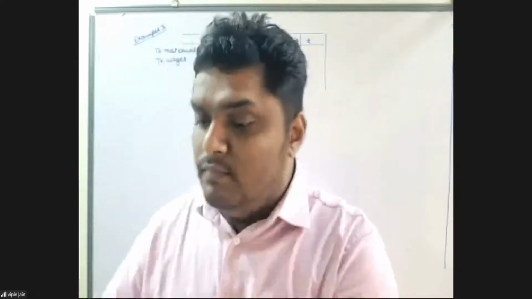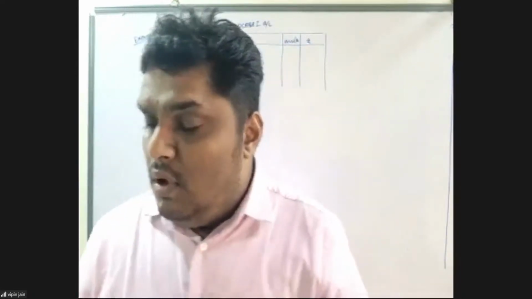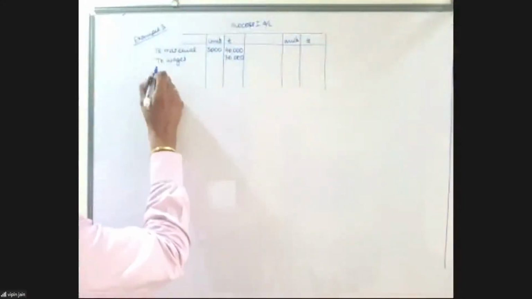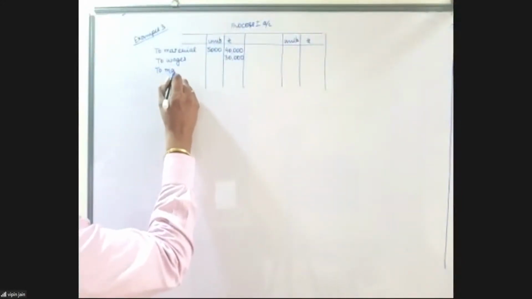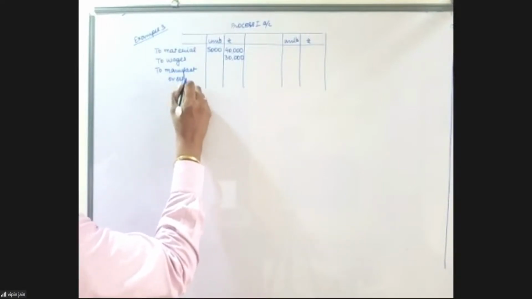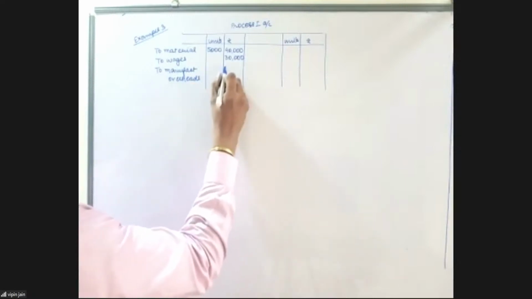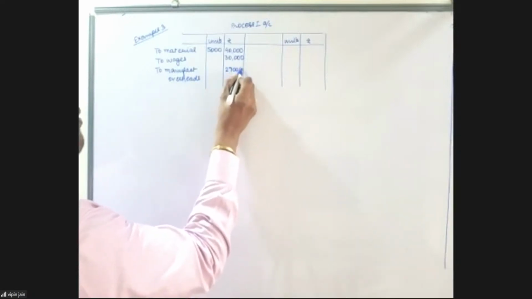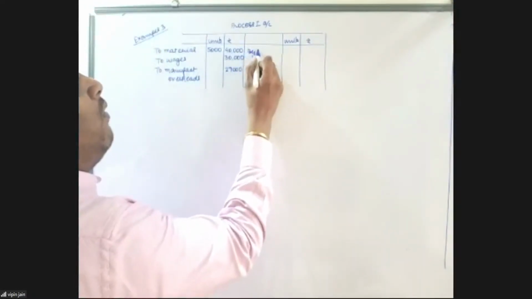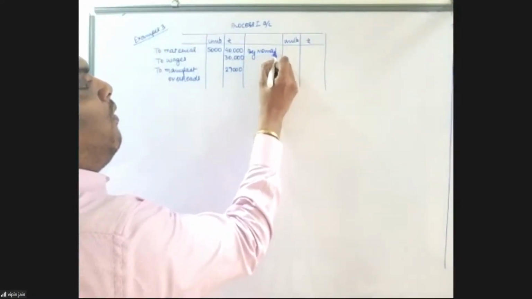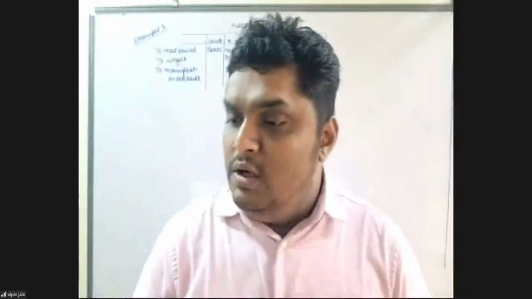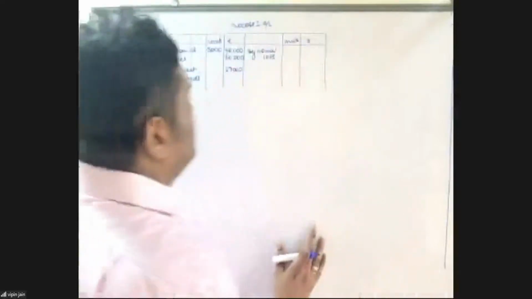Manufacturing overheads are 27,000 rupees. By normal loss, it is given in the question itself that the normal loss is 5% of input.